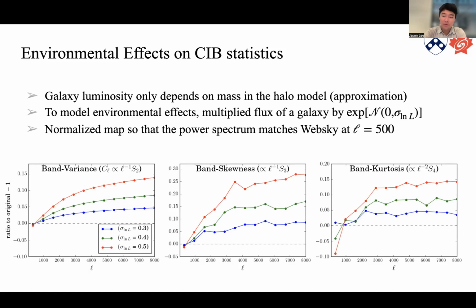But we found that because we have the power spectrum anchored at L equals 500, this is not possible. However, with future observations that have higher resolution, going up to higher L, we believe that observations might have the potential to distinguish between different stochastic models.